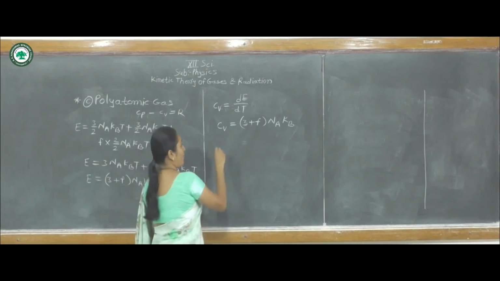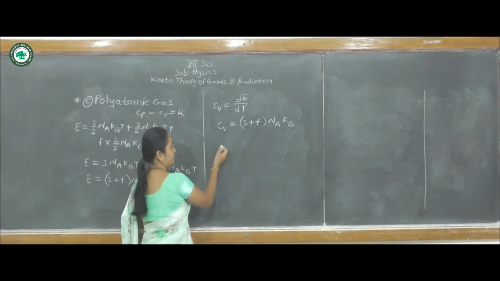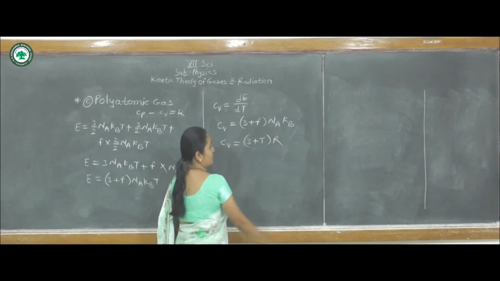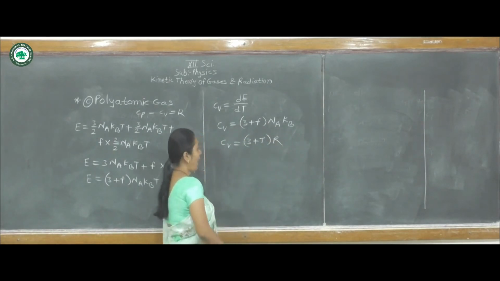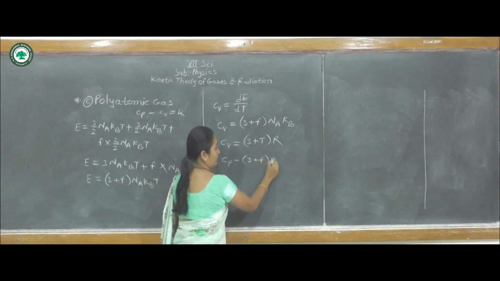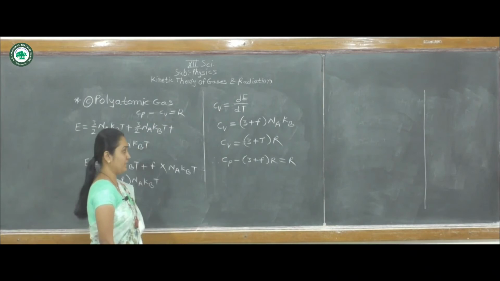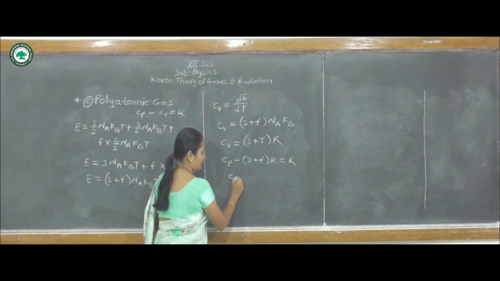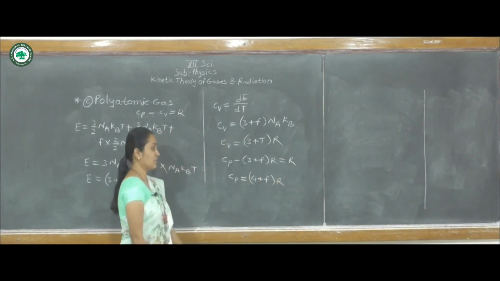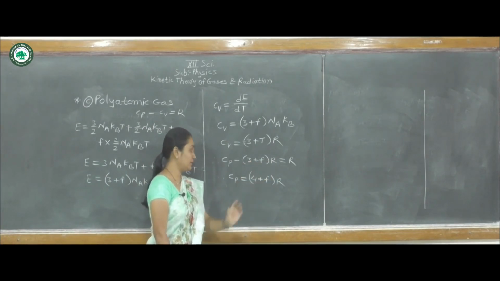Now by using Mayer's relation, first we write here Cv is equal to (3 plus f) R. Instead of Na Kb we have written R. Here we have substituted the value of Cv. Now by simplifying this, Cp is equal to (4 plus f) R.